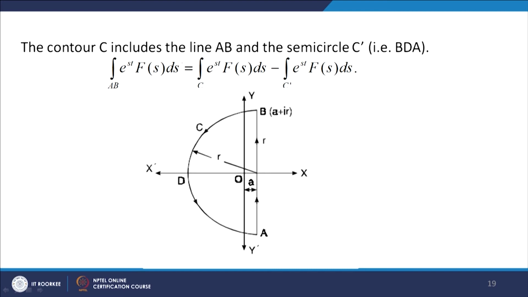Now, let us consider the contour C. The contour C includes the line AB and the semicircle C dash, that is B C' A. So, the integral over AB is equal to the integral over C of e to the power st F(s) ds minus the integral over C dash of e to the power st F(s) ds.